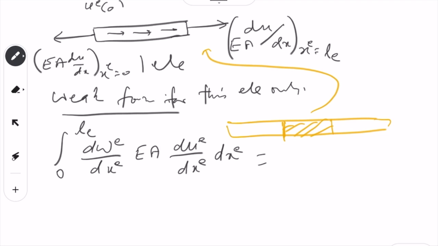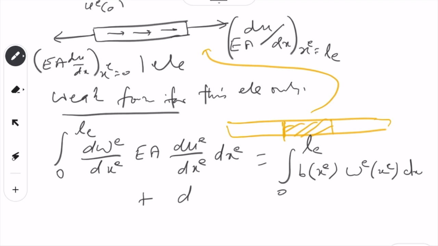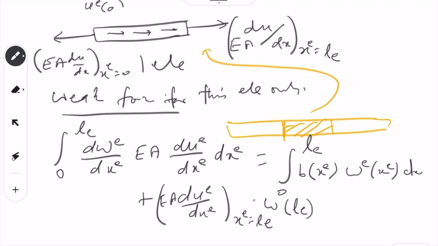So equal to, we will have integral from 0 to L^e of b as a function of x^e, W^e(x^e) dx, plus this term will appear here: EA du^e over dx^e at x^e equal to L^e, multiplied by W at L^e, minus EA du^e over dx^e at x equal to 0, multiplied by W^e at 0, right.